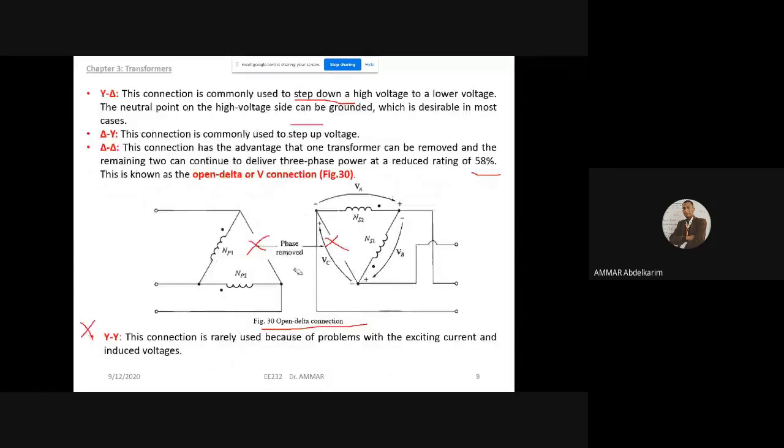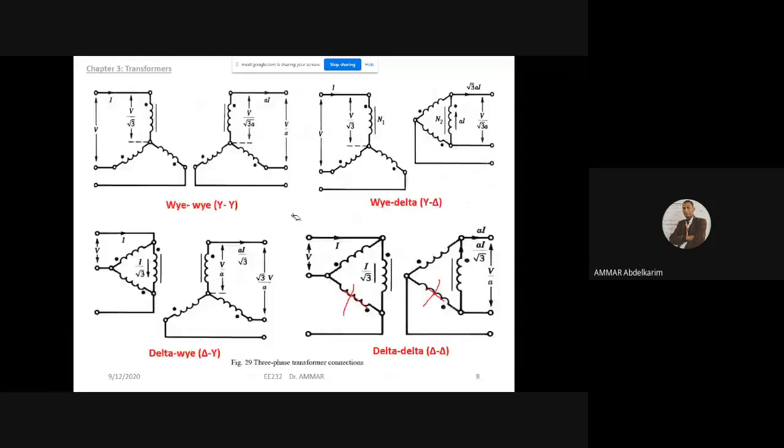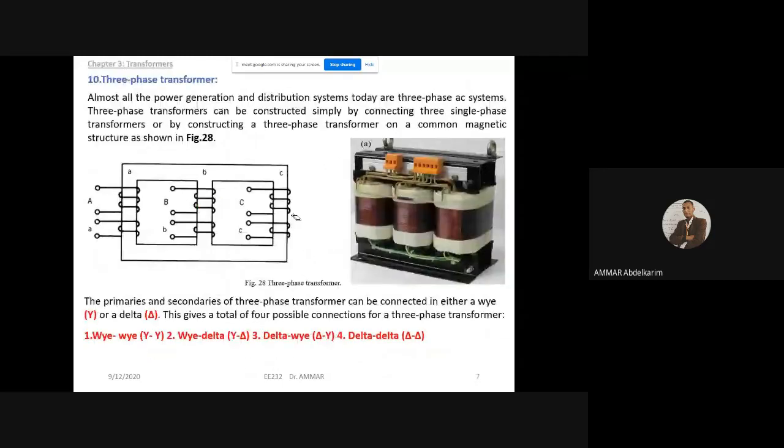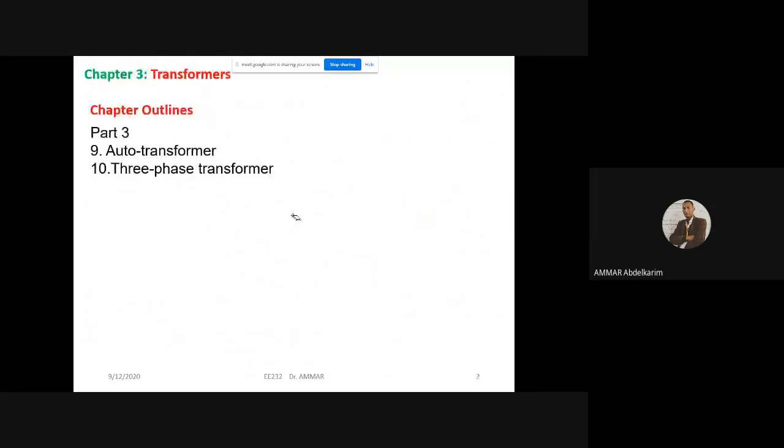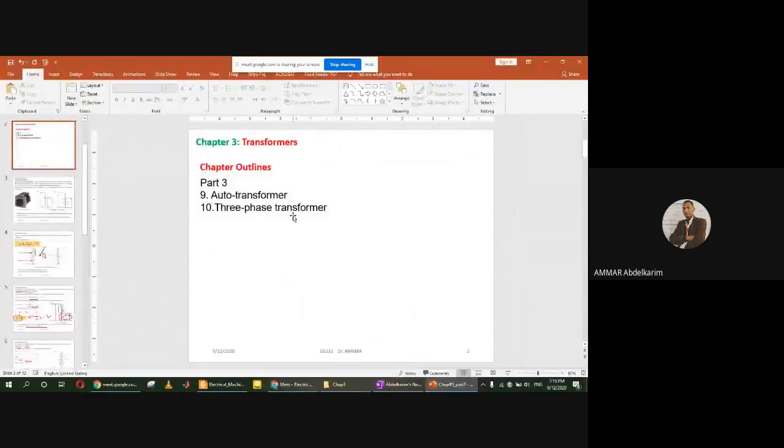And this is the end of our third chapter, the transformer. We have seen in the first part of this chapter the construction of the transformer and the ideal transformer. We have seen in the second part the equivalent circuit analysis, the phasor diagram, and the transformer tests.